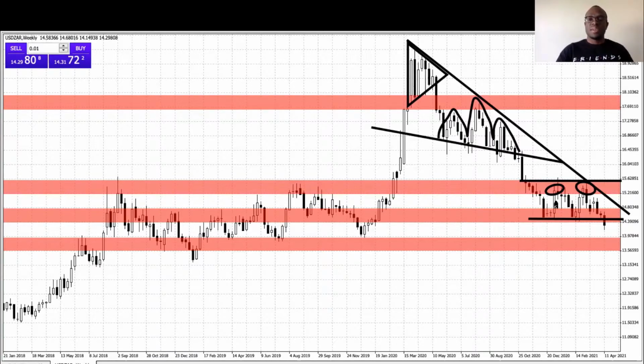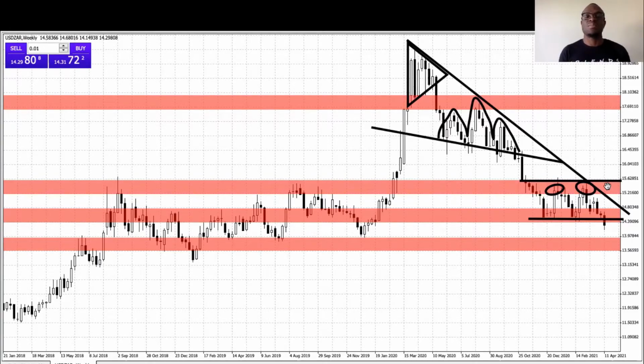Then in terms of the bullish scenario, which also forms part of the sideways movement, we'll be expecting that this will indeed be a false breakout where the price is going to reverse and seek to come and test the 15.21600 zone.